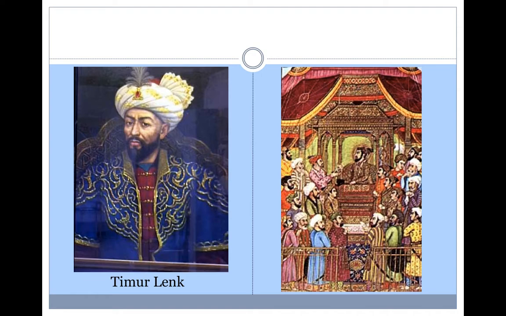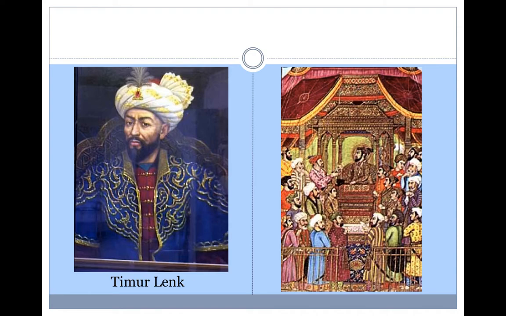Timur Lenk, and his name and picture are on the screen for you. The ruthless leader, Timur Lenk, led military conquests through India and took over much of the territory.